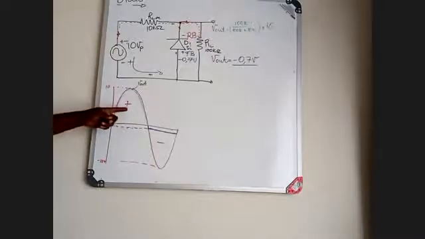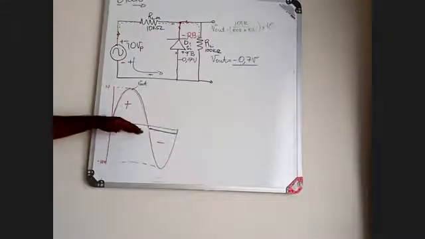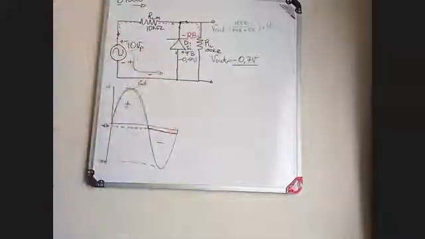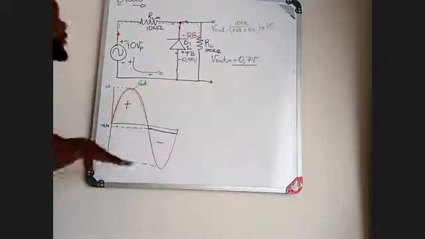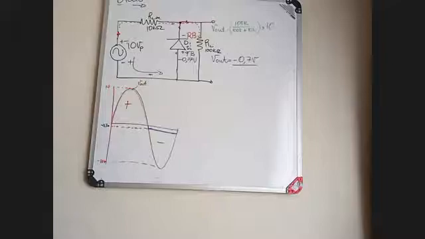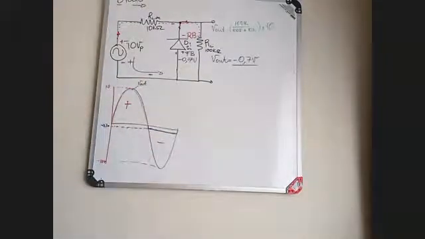Now, this type of circuit, with respect to how you have interpreted your input and the output, becomes a negative clipper circuit. It clips off the negative cycle, but it allows the positive cycle to go through.